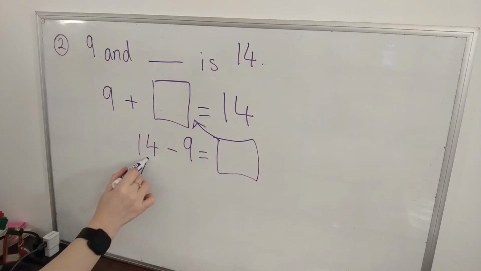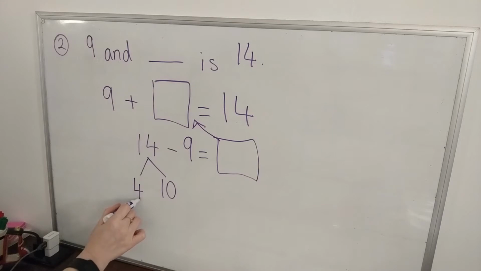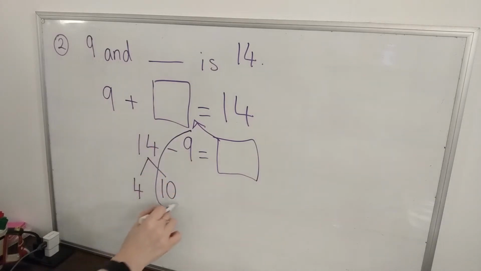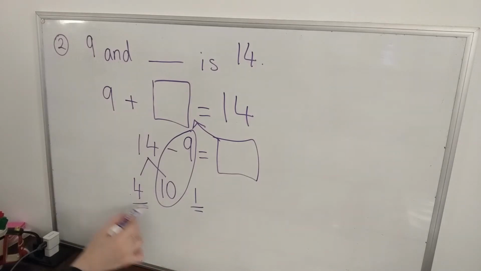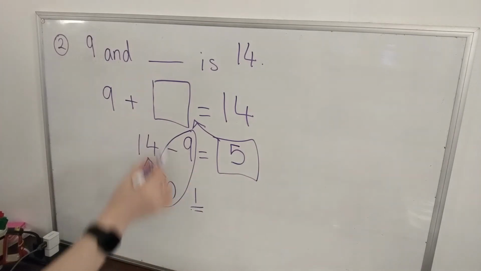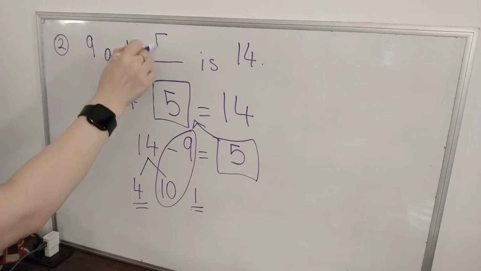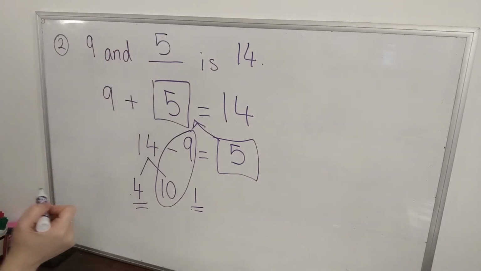What's inside of 14? There's a 10 and a 4. 10 minus 9 is 1. Let's add those leftovers. 4 plus 1 is 5. We got the same answer. 5. 9 and 5 is 14.